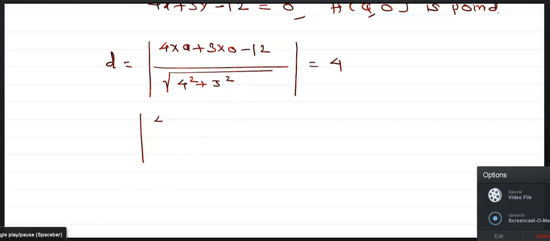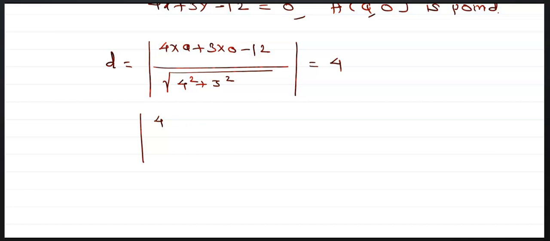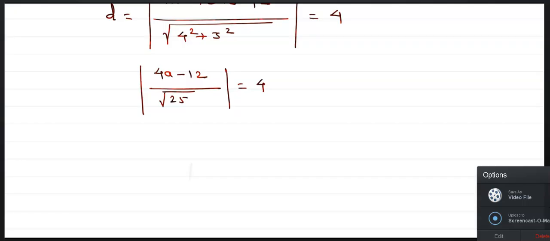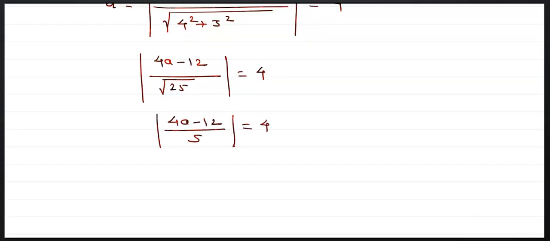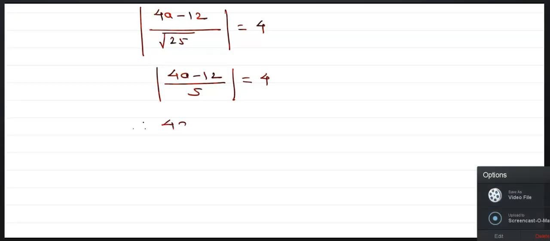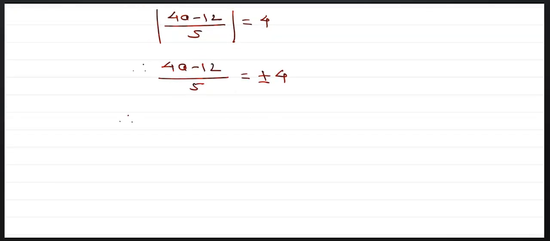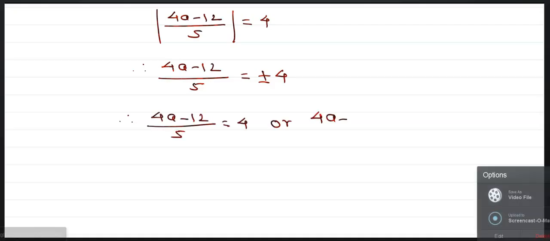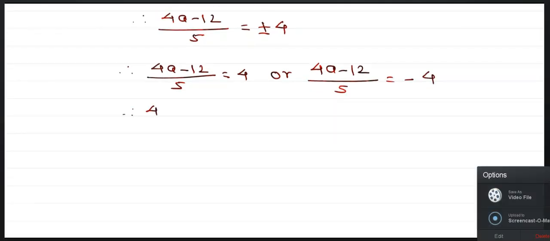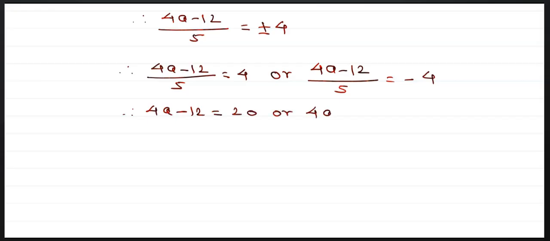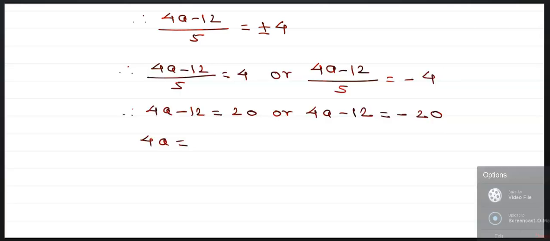Therefore, 4a minus 12 upon square root of 4 square plus 3 square, that is 25. Plus or minus 4. Minus 20.